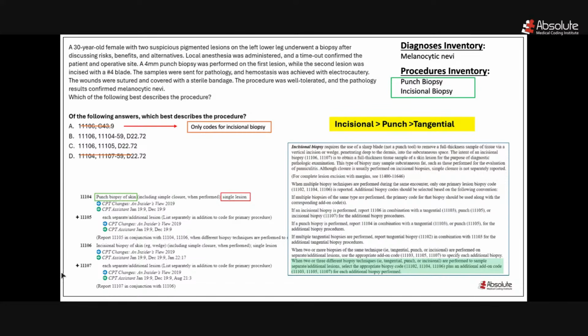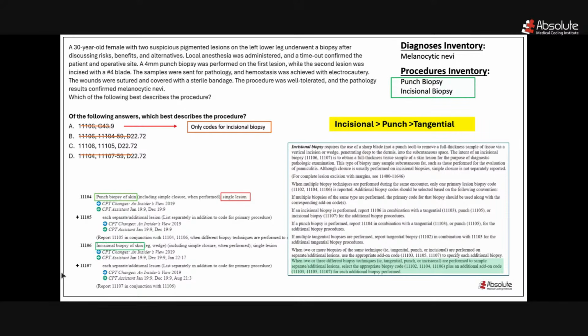Now between option B and C, those were the two options which had major traffic. Option B is the incorrect one. Although it codes first for the incisional biopsy code, 11106, that is for incisional biopsy of the skin, single lesion, the second code which is used, 11104, is not an add-on code.